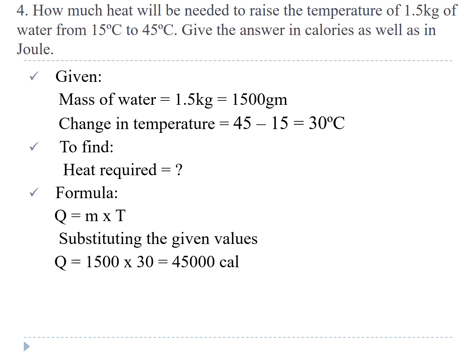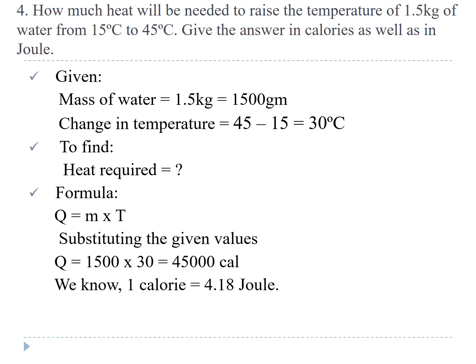So this part of the numerical we have solved. Now you've got it in calories, you have to give it in joule. How will you give it in joule? When we learned in all the previous lectures and classes that 1 calorie is 4.18 joule.